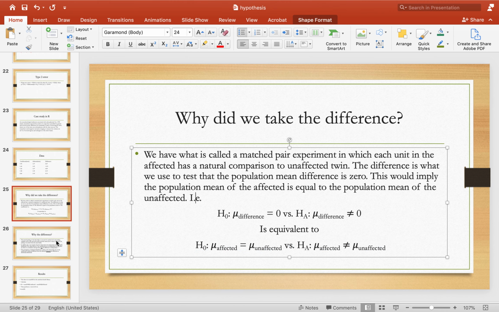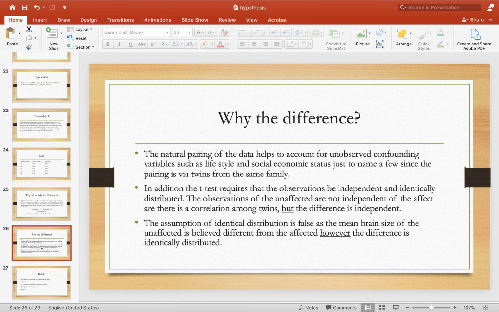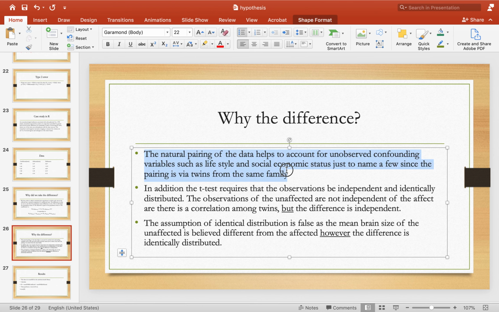Okay. Well, there are more reasons for taking the difference. I discussed this one first, that it helps account for confounding variables. The t-test requires that the observations be independent and identically distributed. The observations of the non-schizophrenic are not independent of the affected, the schizophrenic.